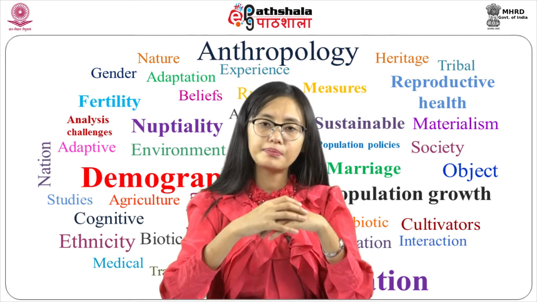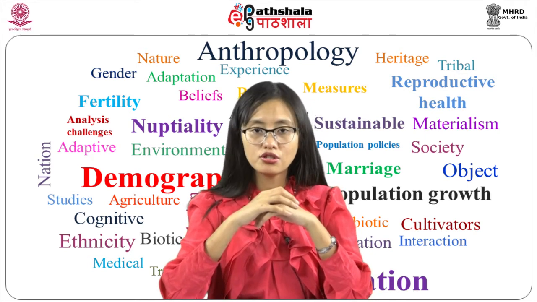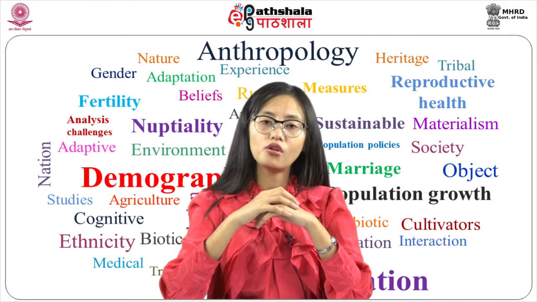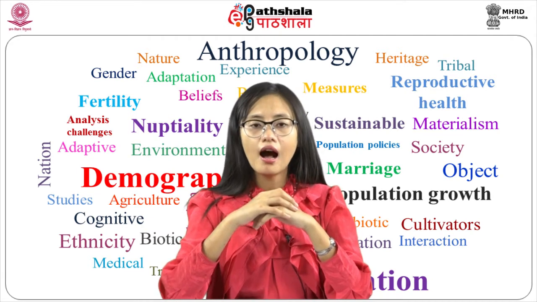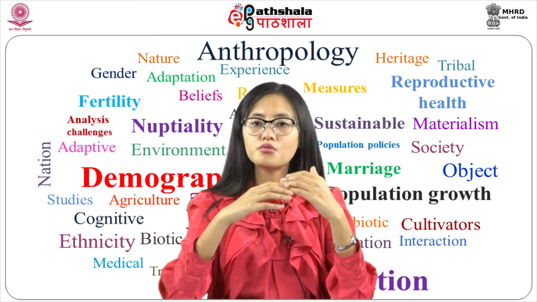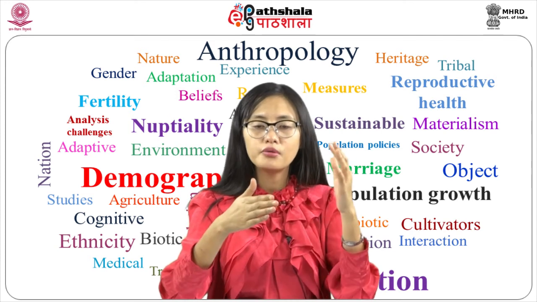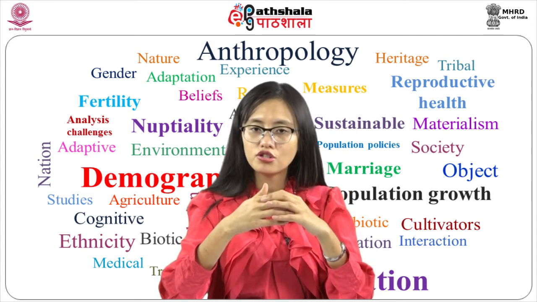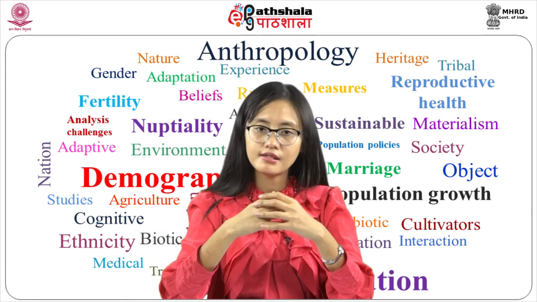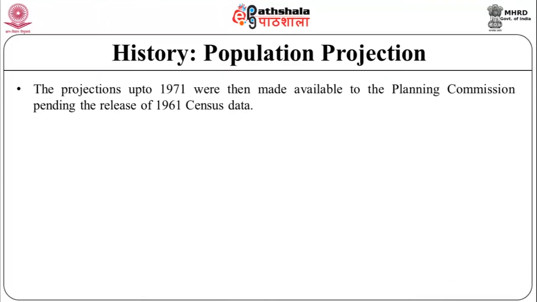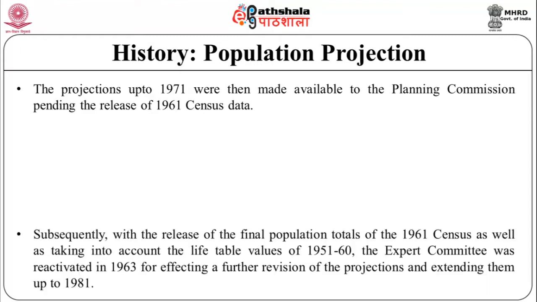Now, the first expert committee on population projections was set up by the Planning Commission in 1958 under the chairmanship of the Registrar General India to provide a set of population projections for India and the states. The projections up to 1971 were then made available to the Planning Commission pending the release of 1961 census data.